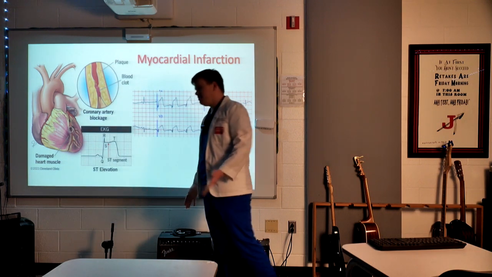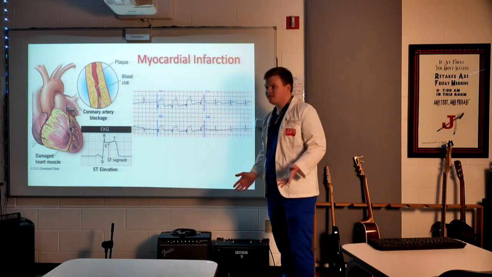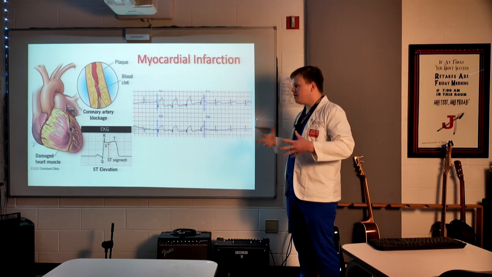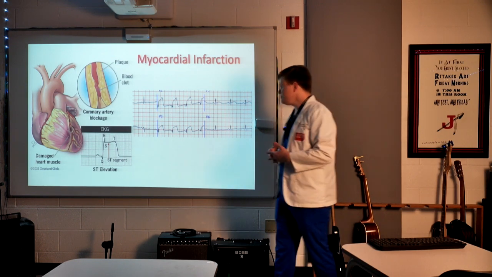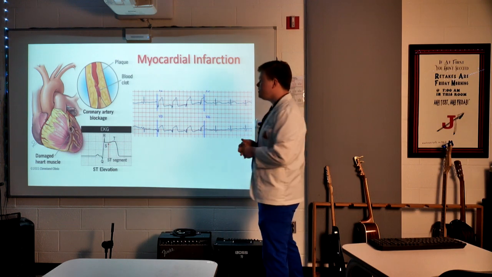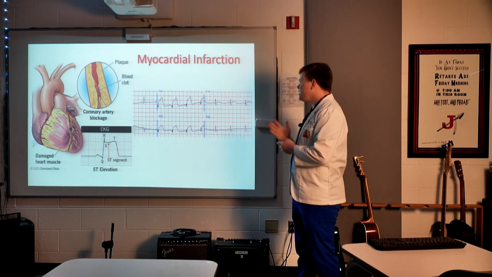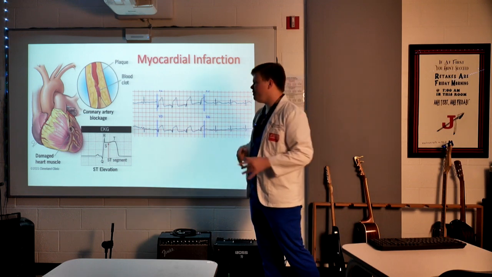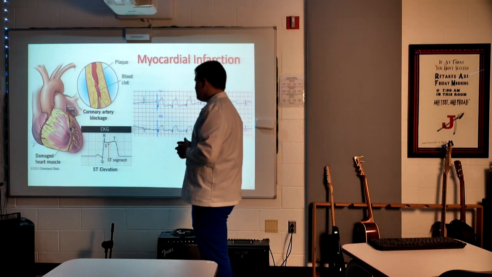Well, if it gets blocked off, is blood getting to that portion of the heart where it needs to be? No, it's not. And if that heart muscle cannot get oxygenated, it's not going to contract properly. So whenever that happens, we get specific changes in our EKG that indicate what may be happening, in addition to some other labs you do, but we're not going to talk about those.